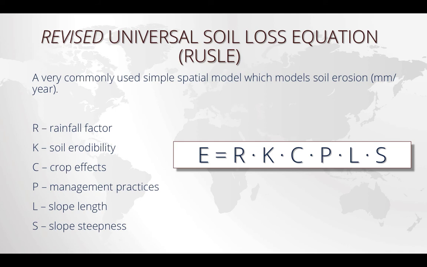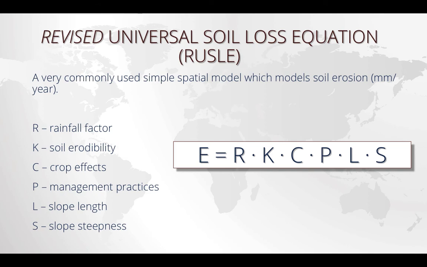Another classic example, which as I'm recording this lecture in Iowa is close to my heart because I remember talking about and writing a paper about the universal soil loss equation when I was a high school student in Iowa. And I'm so old, I was talking about the universal soil loss equation. Now it's the revised equation. But this is a really simple spatial model that tries to model erosion in millimeters per year based on a number of factors.